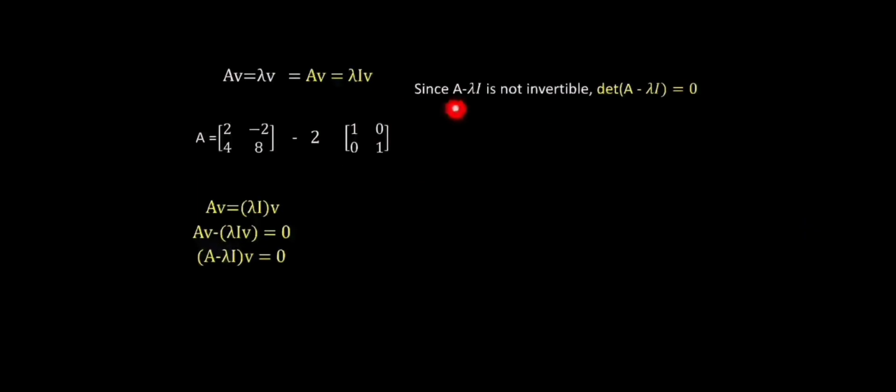Since our A minus lambda I is not invertible, the determinant of A minus lambda I is equal to 0, as you can see here. We're going to use this equation.